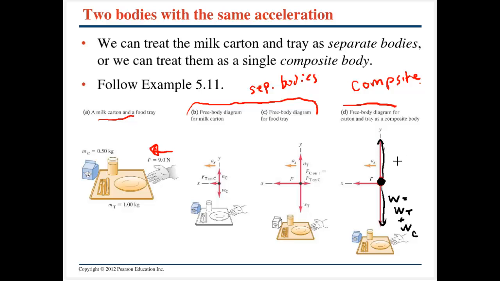They're being supported by the table, so the normal force is going to be, in this case, equal to the weight if I do my sum of forces in the y direction. And then here I have my force that is being applied to them. It's going to be 9 newtons. There's nothing else in the x direction, so there must be some acceleration in the x direction.